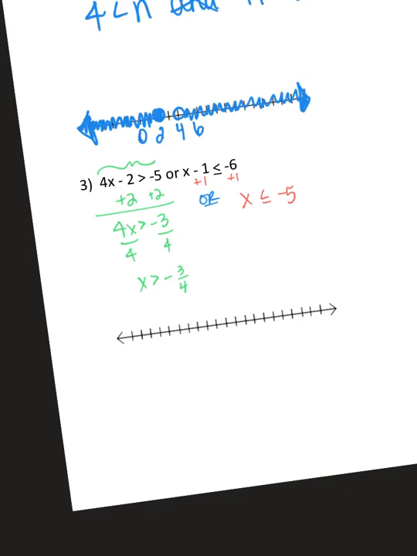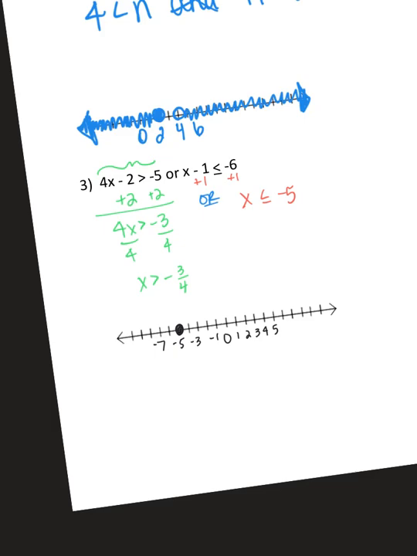So we're going to graph, let's see here, we can label our number line 0, 1, 2, 3, 4, 5, -1, -2, -3, -4, -5, -7. Those negatives took space, so I'm just going to go every other. And we're going to do a closed circle at -5.